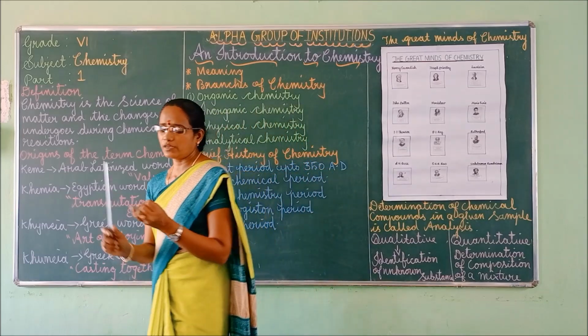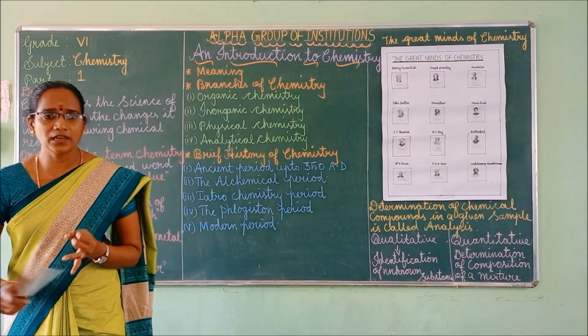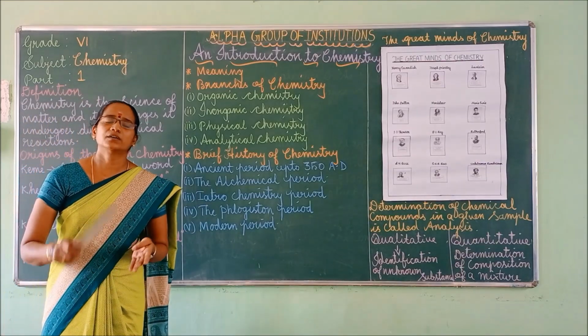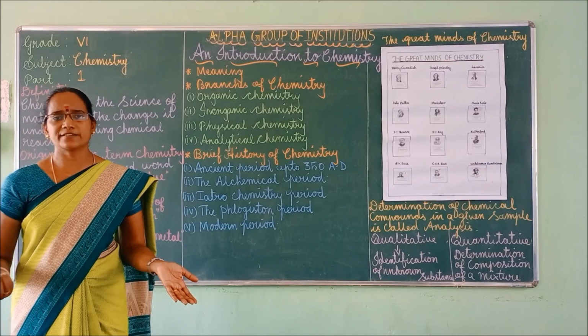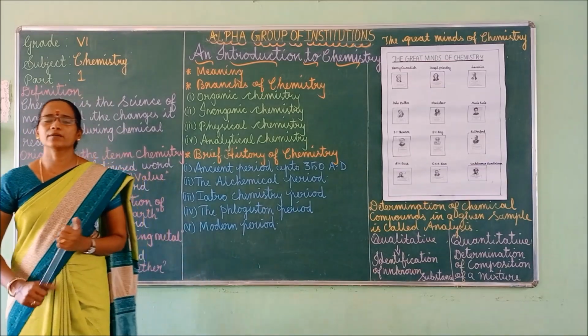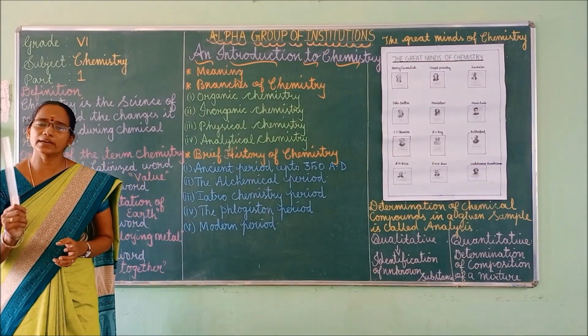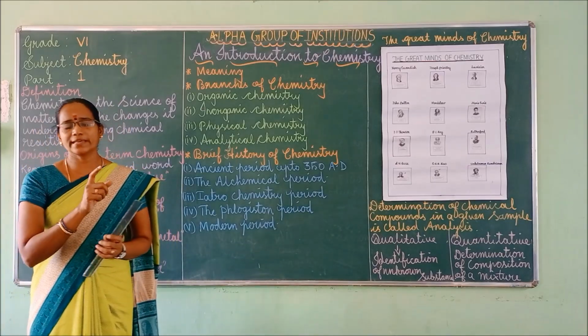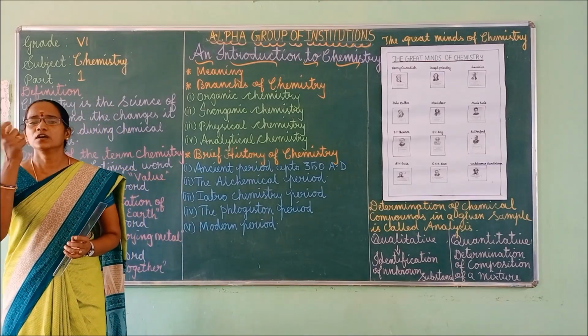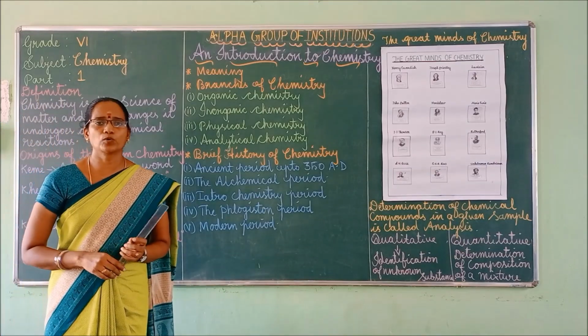For example, medicines, steel, pen, paper, ink, plastics, rubber, so many things we can say. In one line, if we want to define organic chemistry, it mentions the carbon and its compounds.